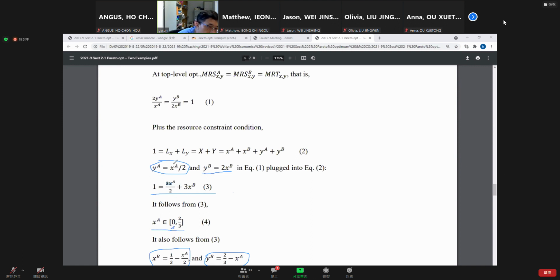At the same time, this is the range of XA. So this is the solution. I just circled the four results. The four results combined together give us the so-called top level solution.